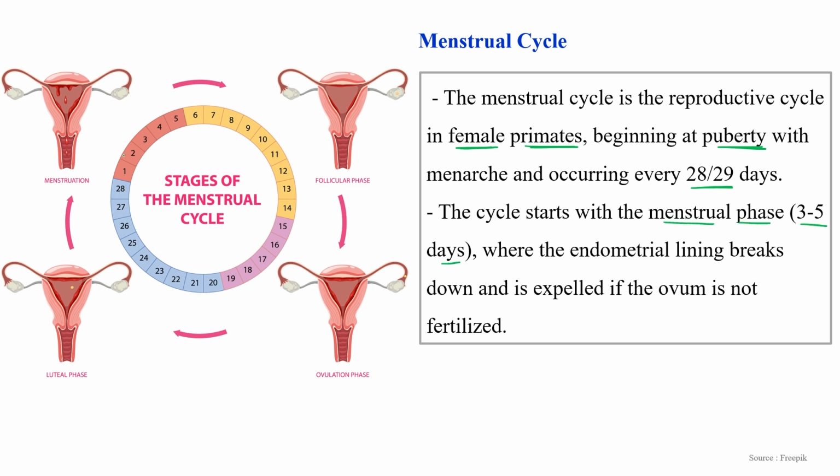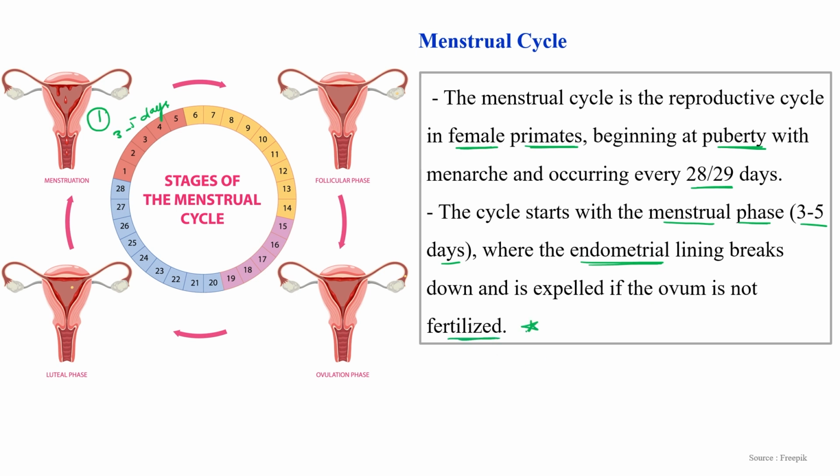In this first phase, the endometrium present in the uterus breaks down and is released from the body as blood flow, if the ovum is not fertilized.